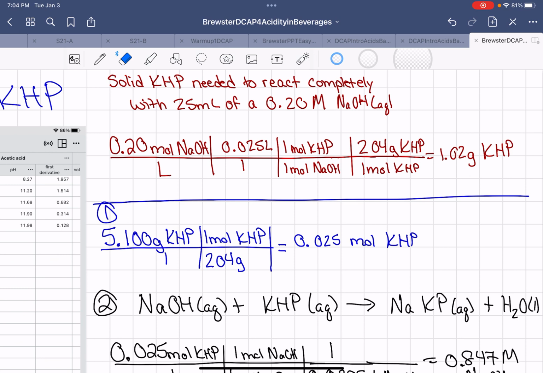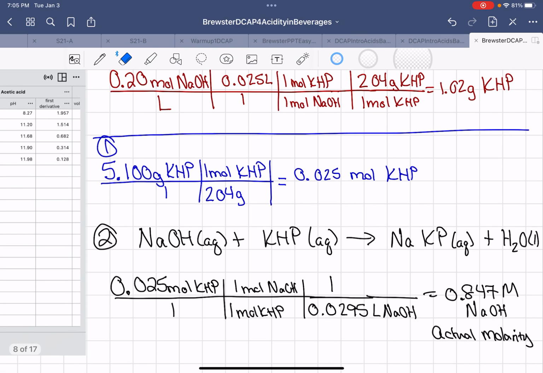For this problem, I've got 0.20 molar sodium hydroxide. I want KHP to react completely with 25 milliliters of it, and so I'm going to convert that over. It's a 1-to-1 ratio between KHP and sodium hydroxide, and KHP weighs 204. Again, on your next lab, you will be calculating that, but for this lab, I set it up for you already.